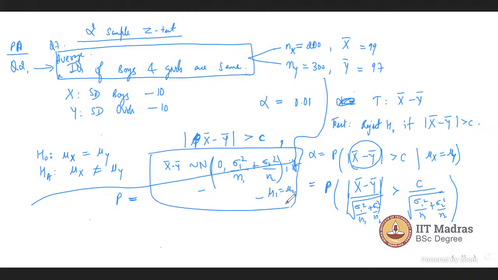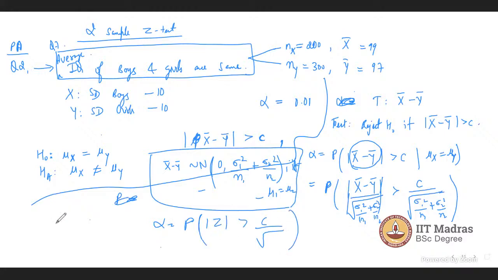If the null is true, you have to take care of this. It is 0 because we were assuming that the null was true.